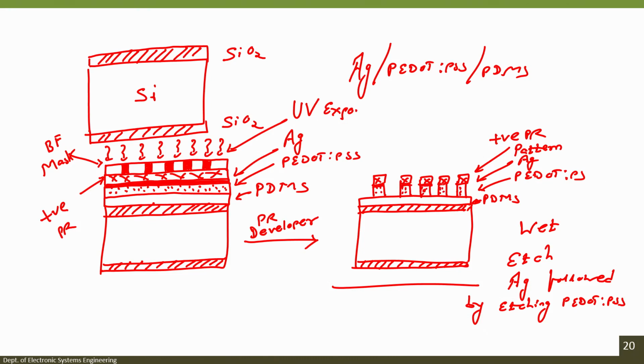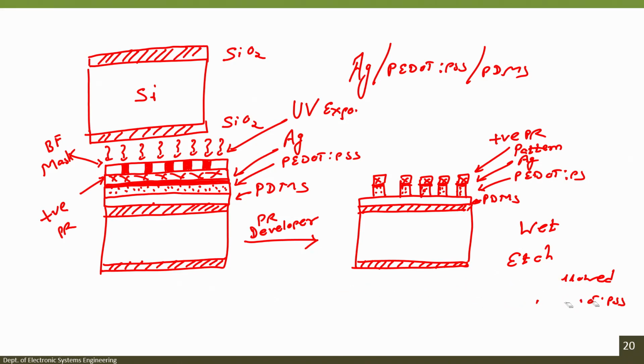Ag is silver, and PEDOT:PSS on PDMS, over which there is positive photoresist, right. So, of course, after positive photoresist developing, you have to go for hard bake and then you have to do the etching step. So, do not skip that, right.